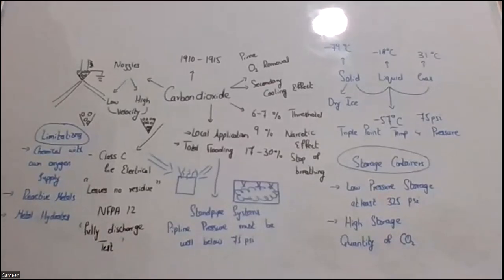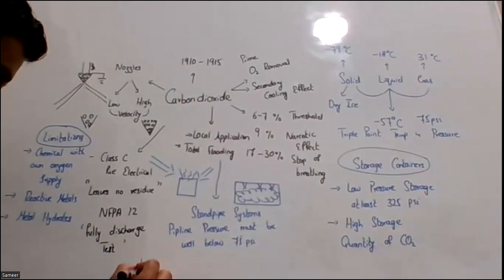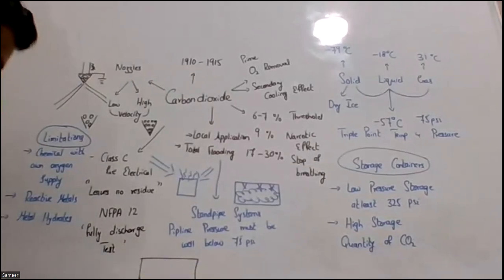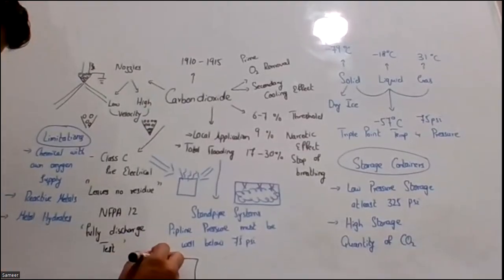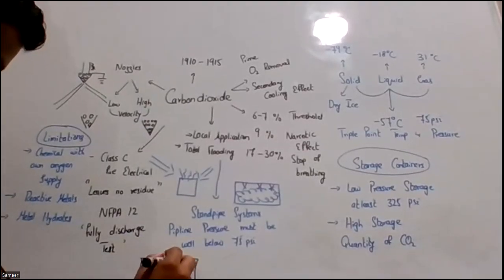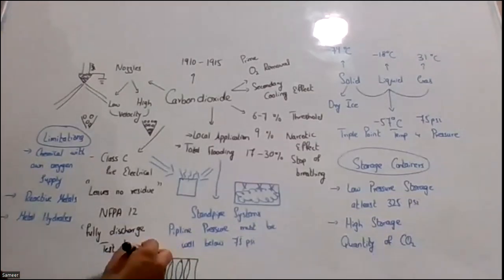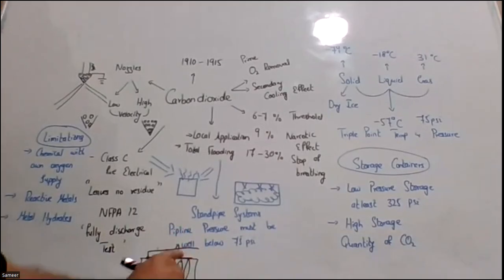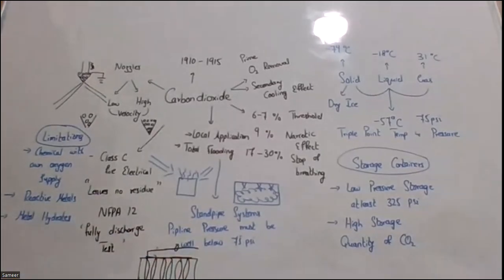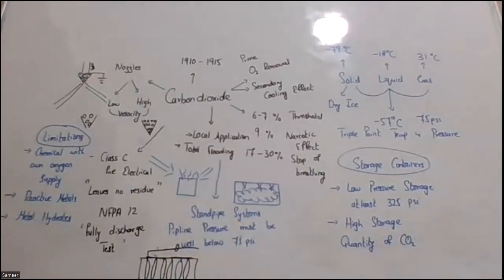Usually in carbon dioxide systems with a complete total flooding system for a complete occupancy, we have cylinders available in line with each other, like 4 or 5 cylinders, depending upon the quantity of carbon dioxide needed to fill the whole room. They are all monitored by a single actuator. This single actuator triggers the pins of the cylinders, allowing the gas to travel through the piping directly towards the occupancy.